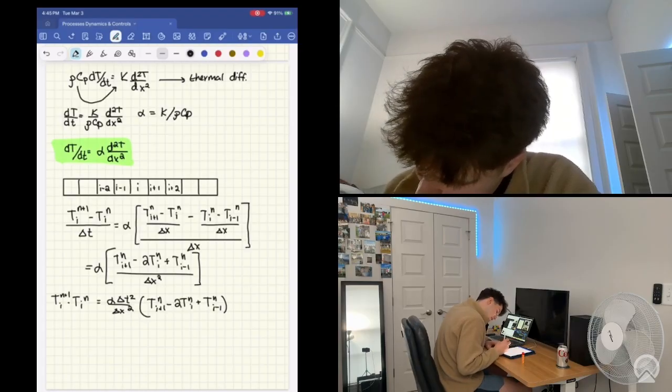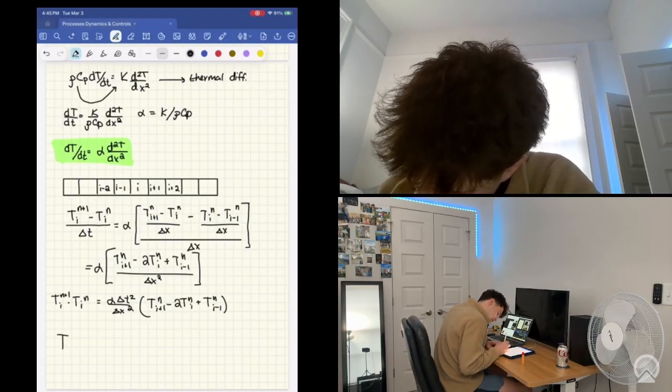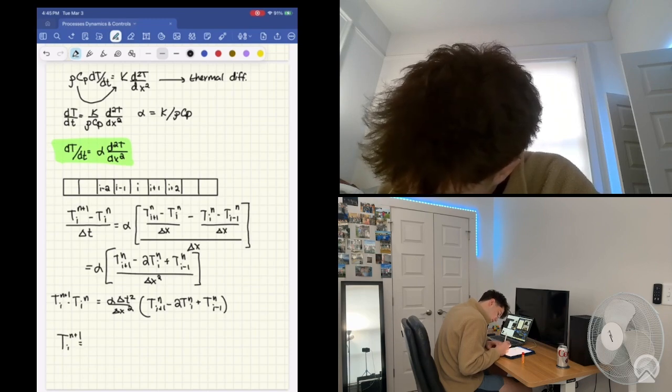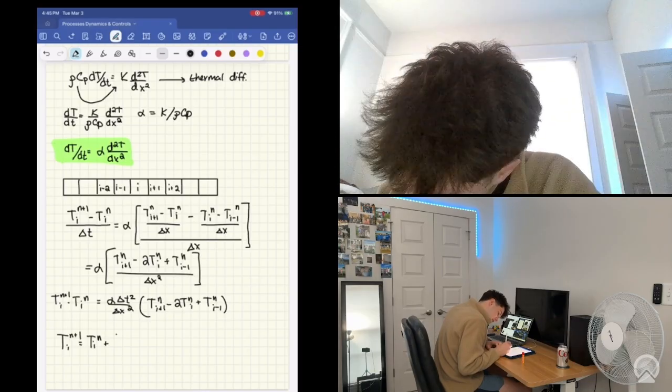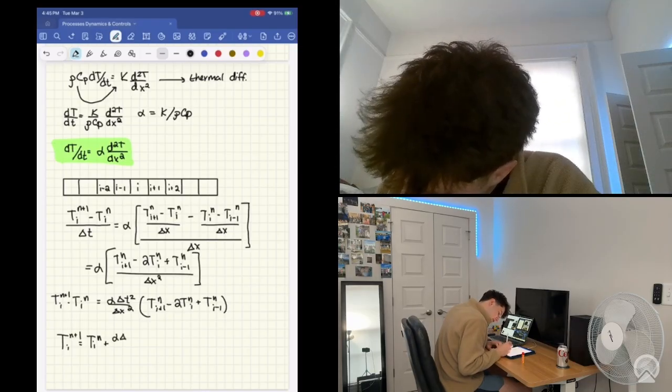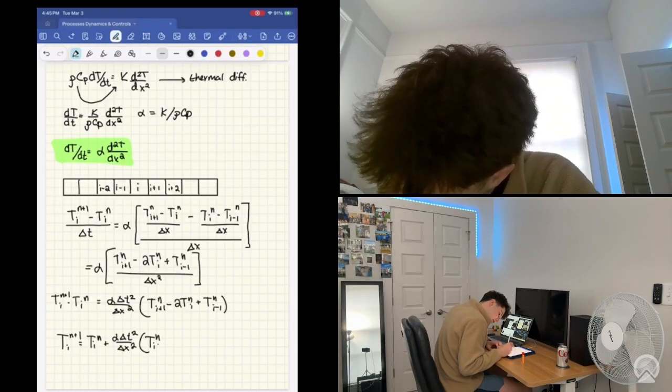So I'll write this in as good font as I can. T_i^(n+1) is equal to T_i^n plus alpha delta t squared over delta x squared multiplied by T_(i+1)^n.